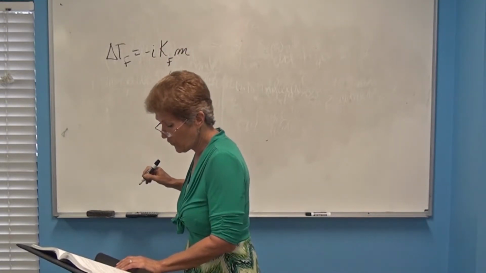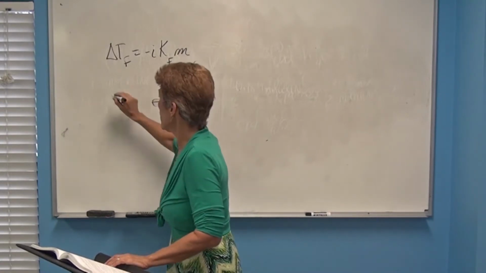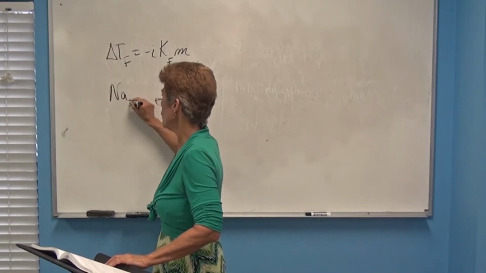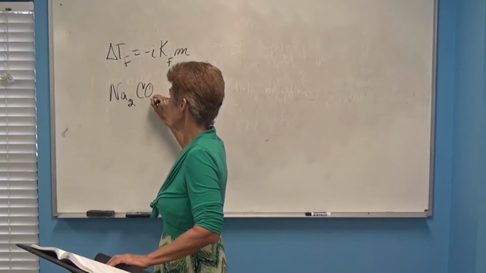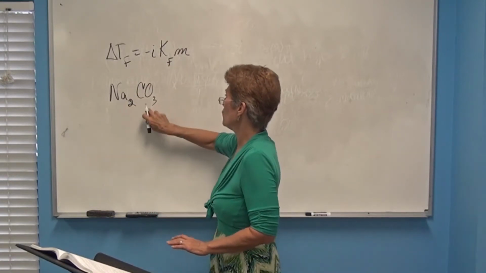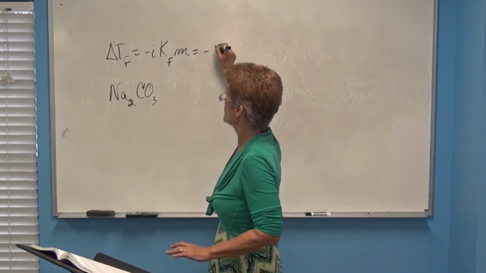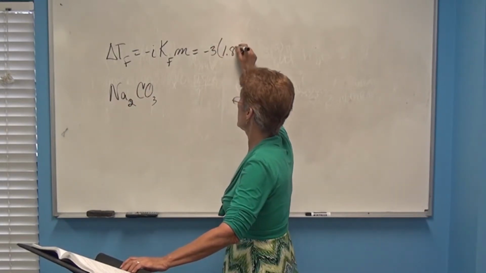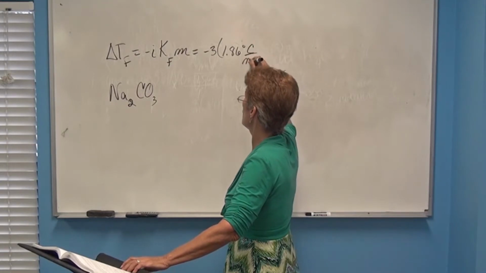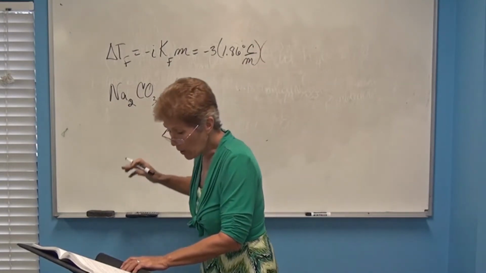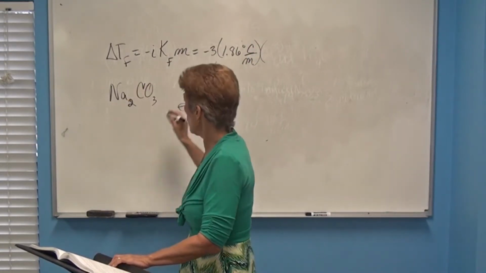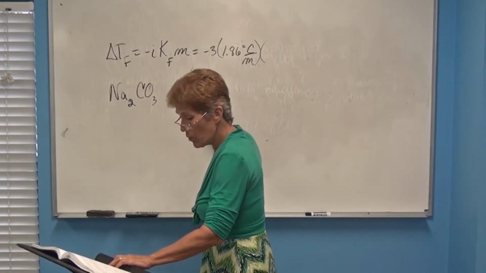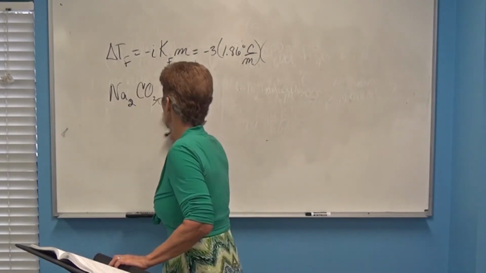And so let's start. The negative I, we are looking at sodium carbonate. 1, 2, 3 ions. So I is negative 3. Kf is given to us, 1.86 degrees Celsius per mole. And the molality, we are given 34.1 grams of this.